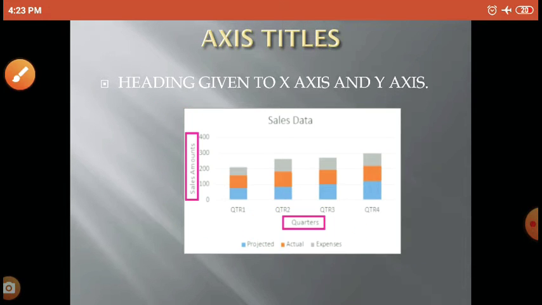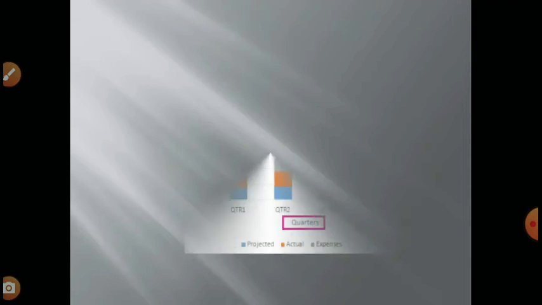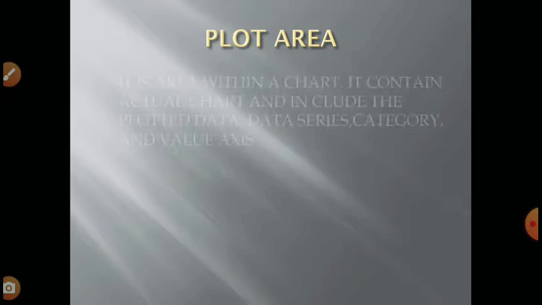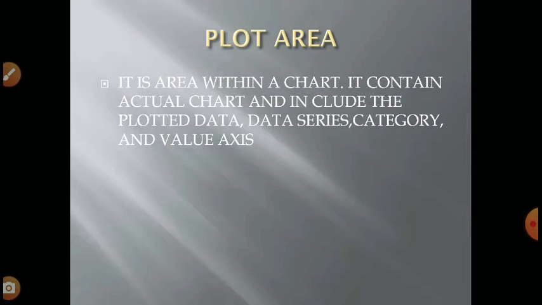Class, let us move to our next component, that is our plot area. Now what is plot area, class? Can anyone guess? Yes, you all are right. It is the area within a chart. It contains the actual chart and includes the plotted data series, category and value axis.